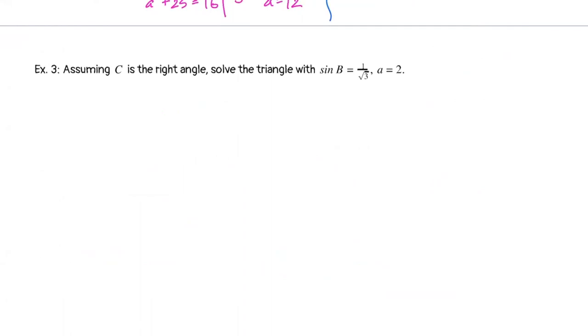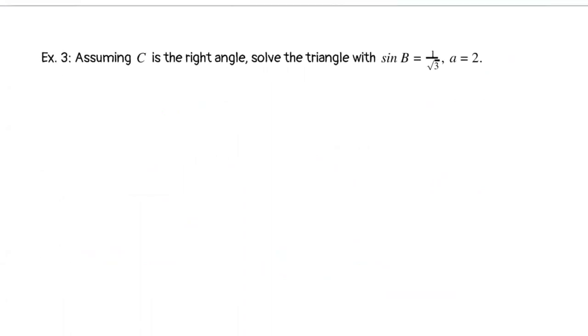The first thing that I encourage us all to do is to draw a diagram. I am very suspicious of work that is done without diagrams, especially in trigonometry. So let's draw a diagram.